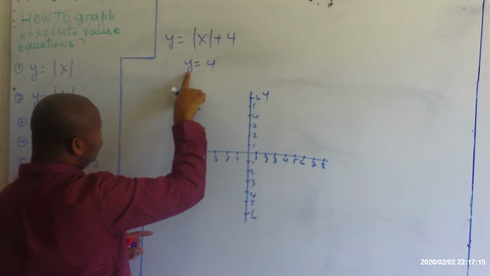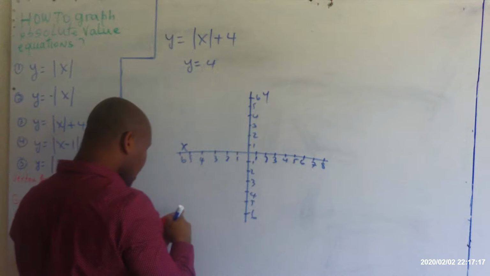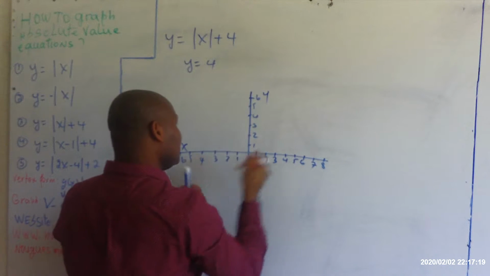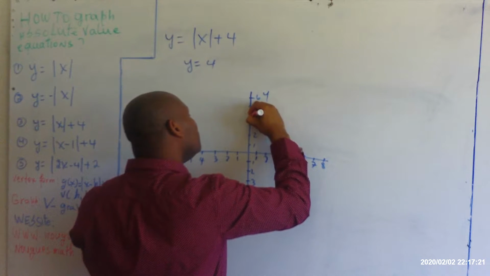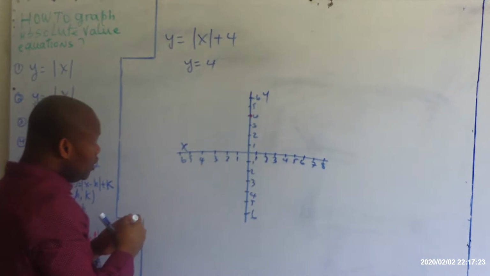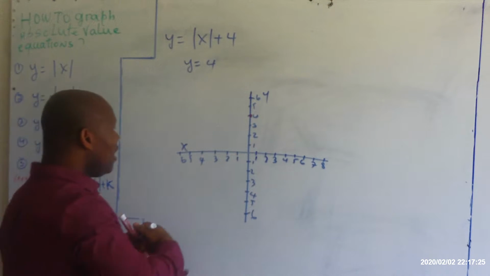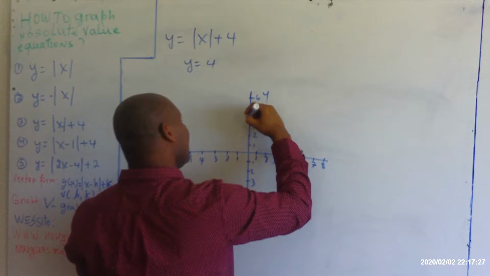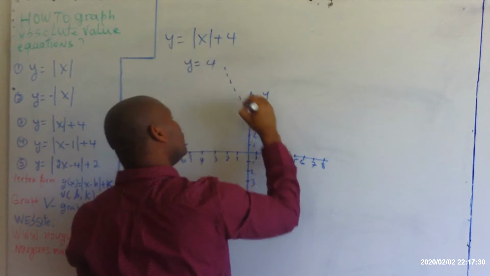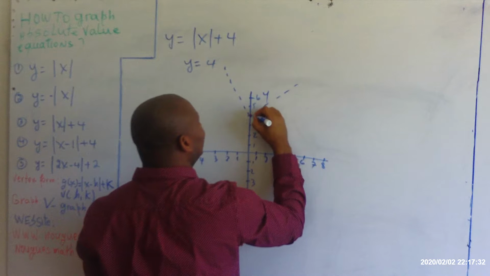Because y equals 4, just go there on the y-axis and place a point. So my graph will start on the y-axis. That's very easy.